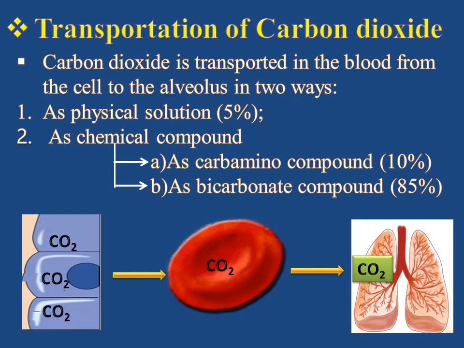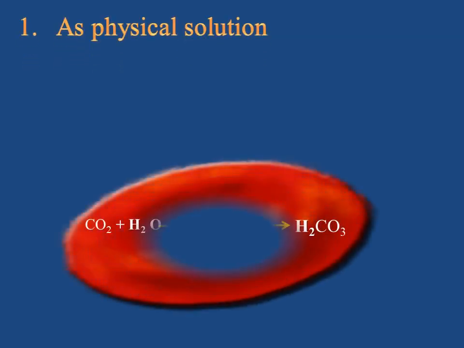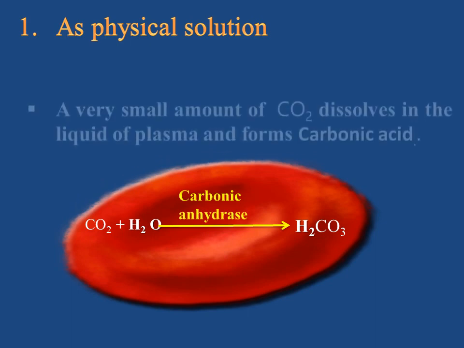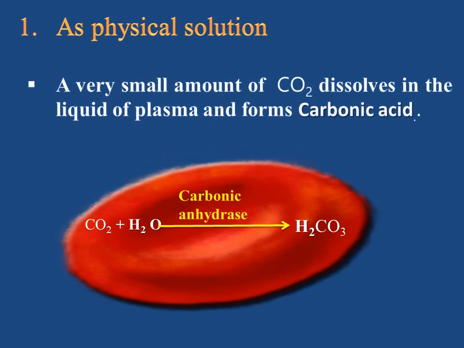First, as physical solution. One part of carbon dioxide combines with the liquid of plasma and forms carbonic acid with the help of carbonic anhydrase enzyme. A very small amount of carbon dioxide dissolves in the liquid of plasma to form carbonic acid.